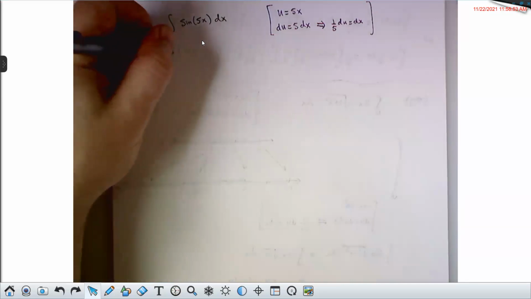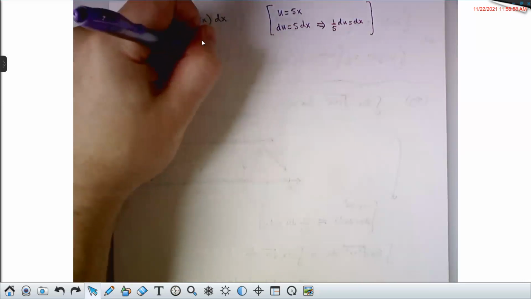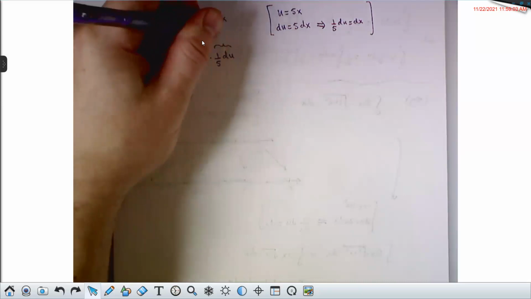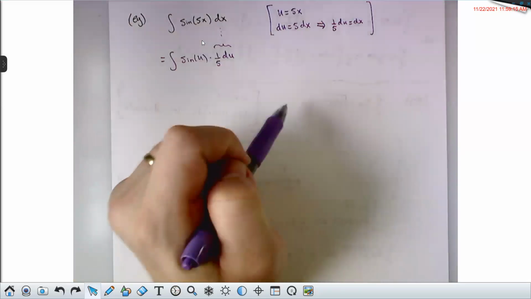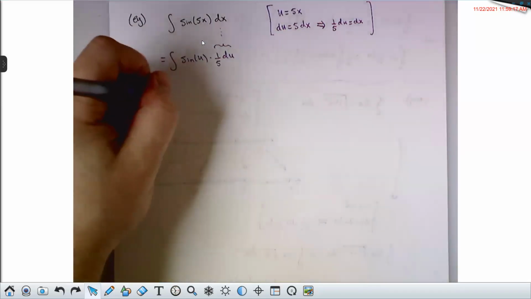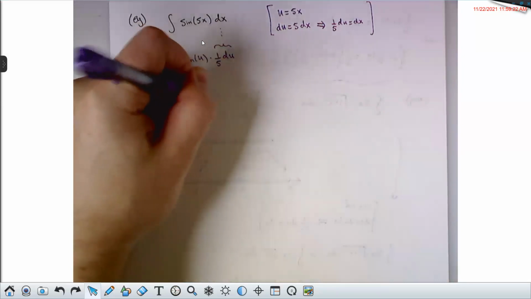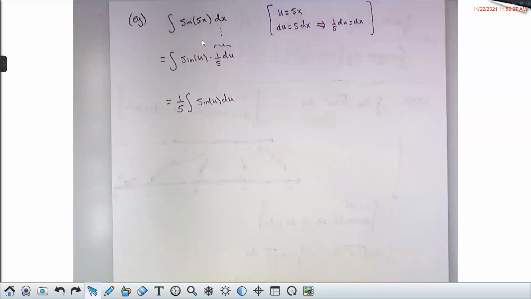So this would become the integral of sine of u times 1/5 du, because this is dx. And these u subs where the differential is constant, like here du is just 5 dx, those are easy because the constant will always then pop out, leaving us with the integral we want.